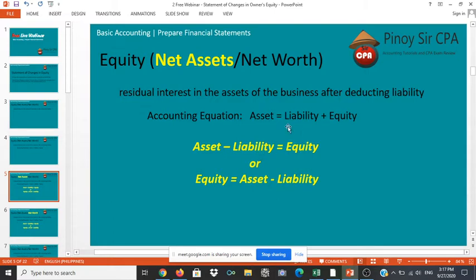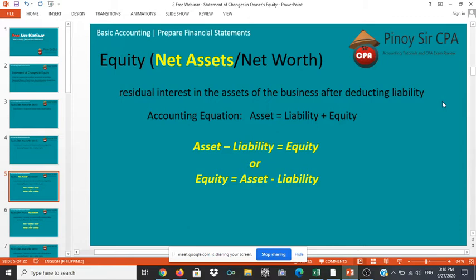Pag nilipat mo tong liability to the other side of the equation, that gives you another equation, which is equity is equals to asset minus liability. That is simply what is meant by this definition: equity is the residual interest in the assets of the business after deducting liability. Ganun lang siya kasimple. Okay?